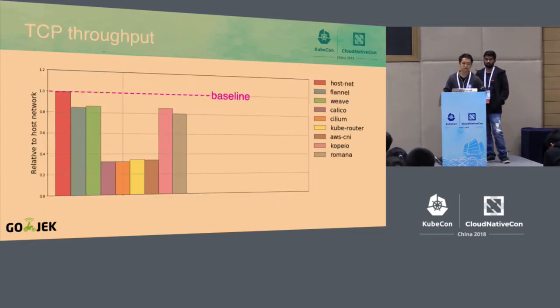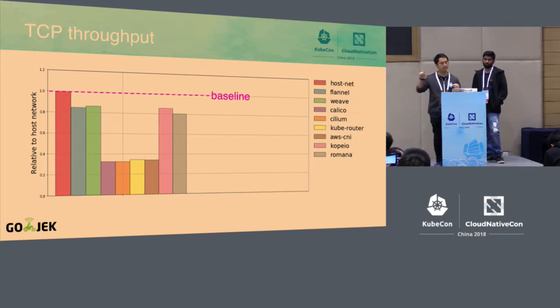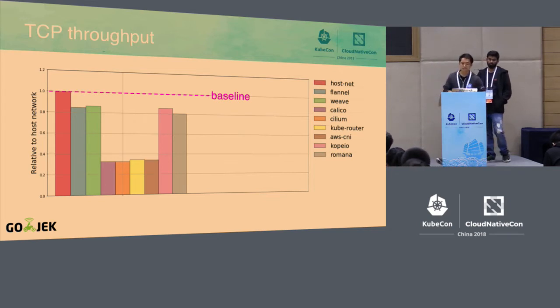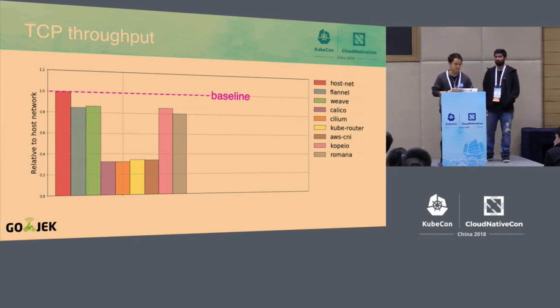As can be depicted by this picture, this is our TCP throughput result graph. The red bar on the left side is our baseline, which is also depicted by the line graph in a nice pink color. As you can see here, all of the CNI plugins suffered TCP throughput loss, obviously because of their mechanism, right?